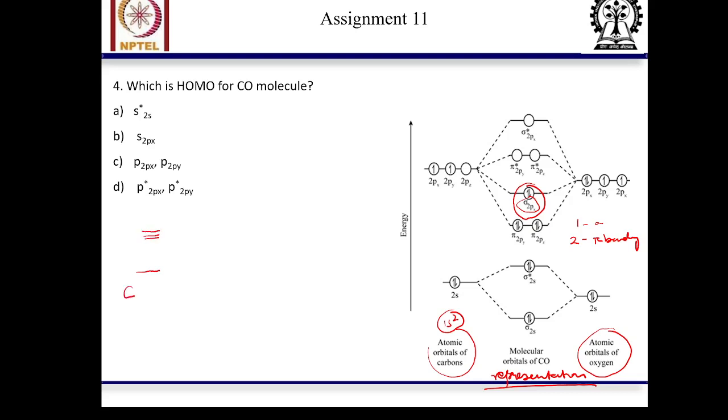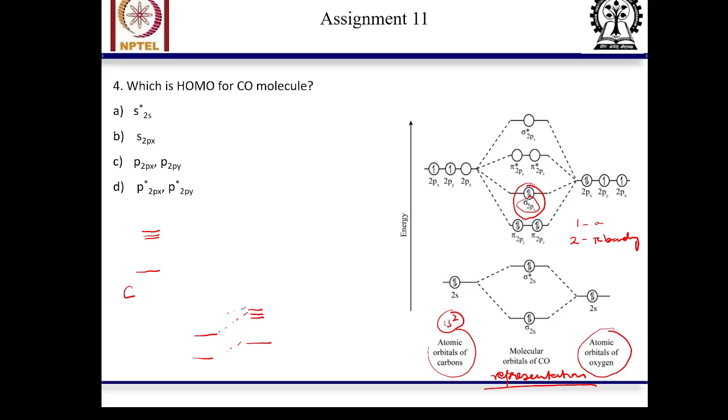This is carbon and this is oxygen. Now what they basically found is that this is the first orbital. Then we have P sigma.